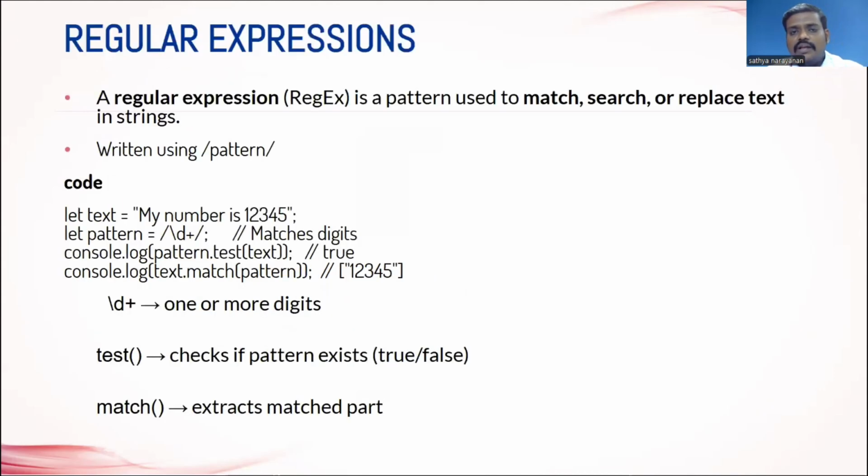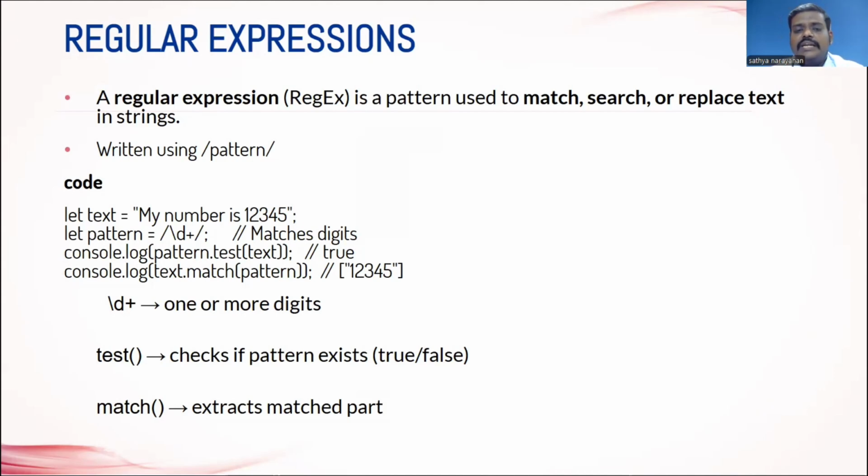Next is regular expression. A regular expression is used to match a particular pattern in data. With matching, it can search for or replace particular strings. In this code example, let text equal "my number is 12345". Let pattern equal backslash d plus.